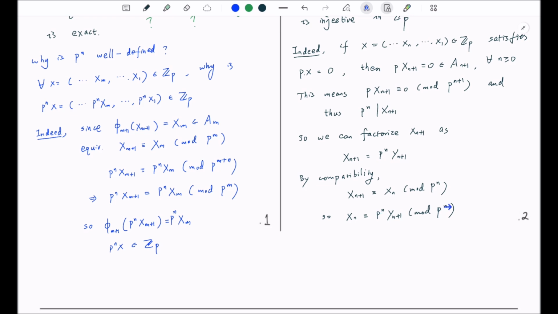But this is congruent to 0 modulo p^n. So x_n is congruent to 0 modulo p^n. That means x_n is 0 in A_n. And because n is arbitrary, we have that x is 0.